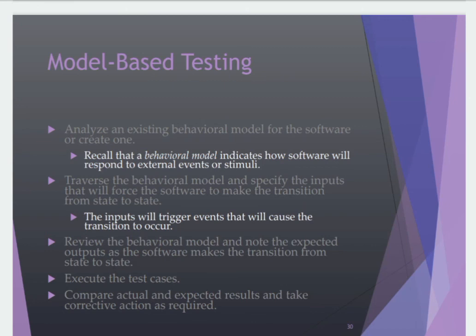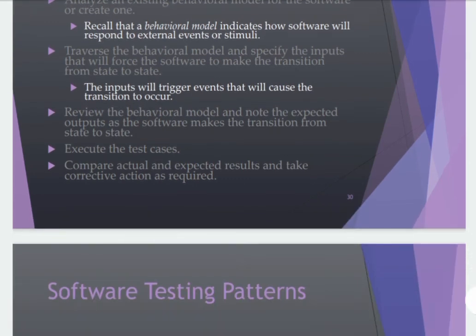The inputs will trigger events that will cause the transition to occur. Review the behavioral model and note the expected output as the software makes the transition from state to state. Execute the test cases, compare actual and expected results, and take corrective actions as required.